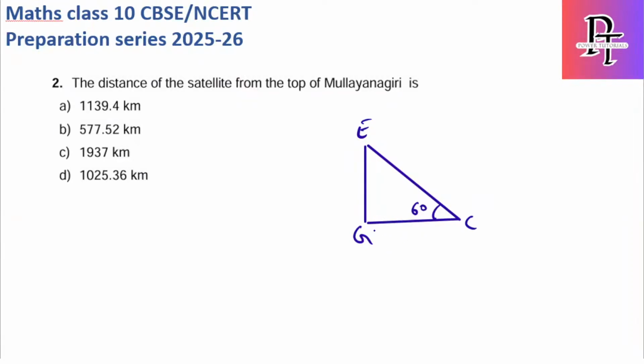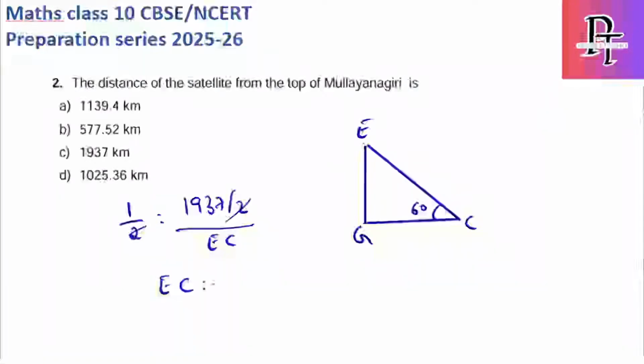We know the adjacent, they are asking the hypotenuse. So again I will use cosine. Cos 60 is 1 by 2. 1 by 2 is equal to adjacent, 1937 by 2, over the distance EC. So 2 gets cancelled out. This question is a direct answer: EC is nothing but 1937 kilometers. That is the distance from the satellite to the top of the second mountain, which is Mulyanagiri.